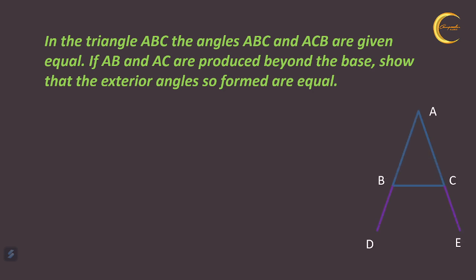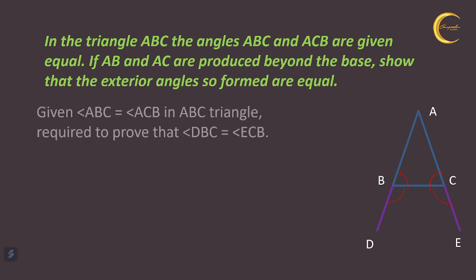This diagram is different. Now you see here the angle ABC. These two angles are equal, but we have to prove this angle equals this angle. Okay. The problem is the same, but this diagram is different.